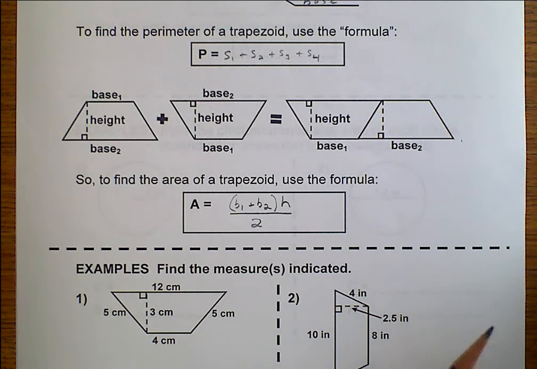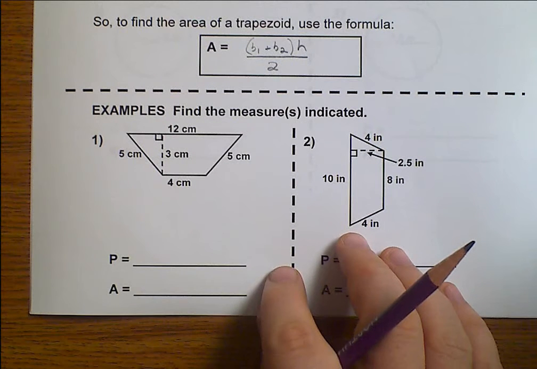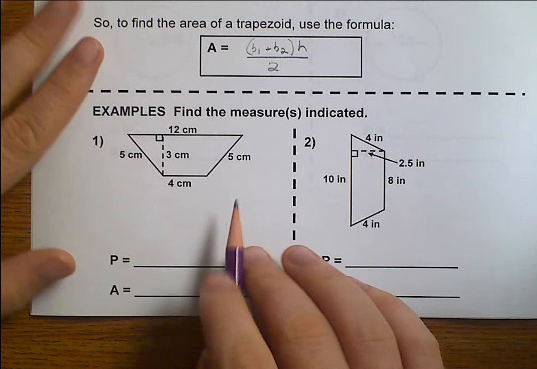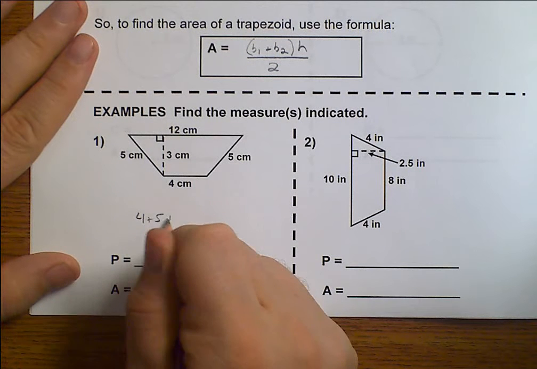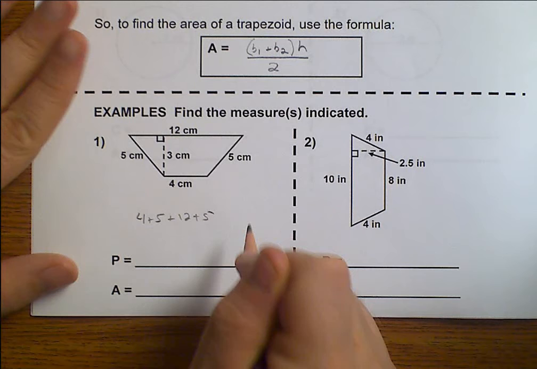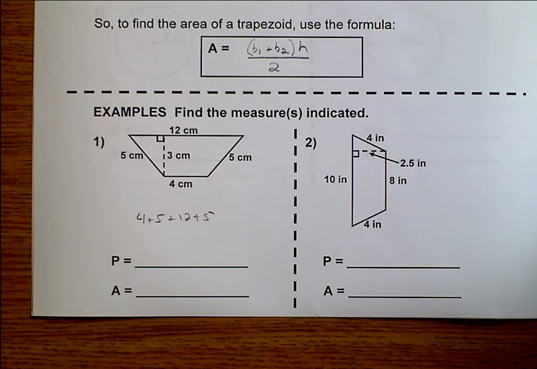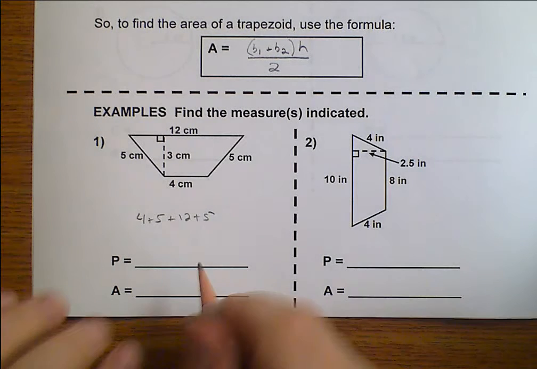So let's go ahead and put this to use. Perimeter, we just add all the sides. So 4 plus 5 plus 12 plus 5 gives us 26.